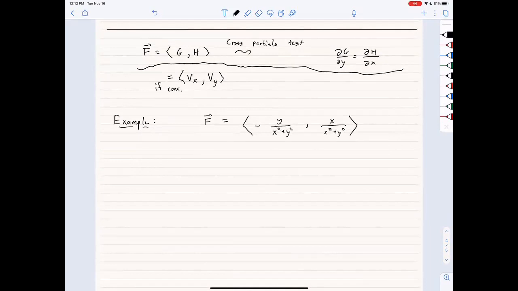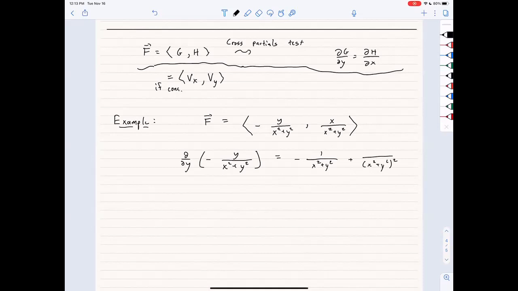So we need to take the derivative of the x component with respect to y. Okay, well, I'll get a negative 1 over x squared plus y squared, and then I get a plus, because I've got the negative here, over x squared plus y squared, squared. Right?